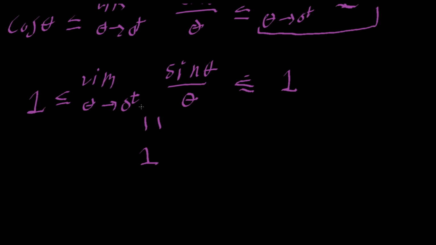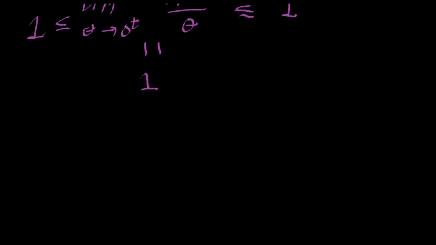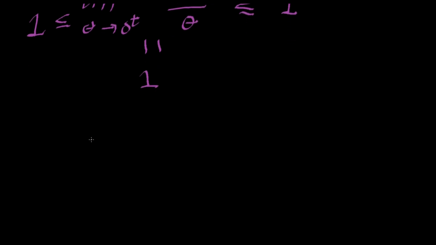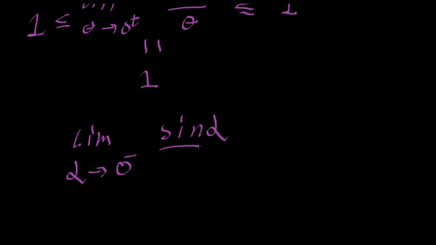Now, this isn't exactly what we wanted. We wanted the limit approaching 0, not 0 plus. But what happens when it is approaching 0 minus? Suppose that we have the limit as alpha is approaching 0 minus of sine of alpha over alpha.